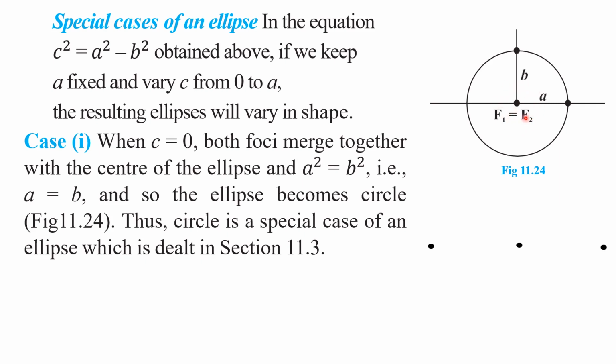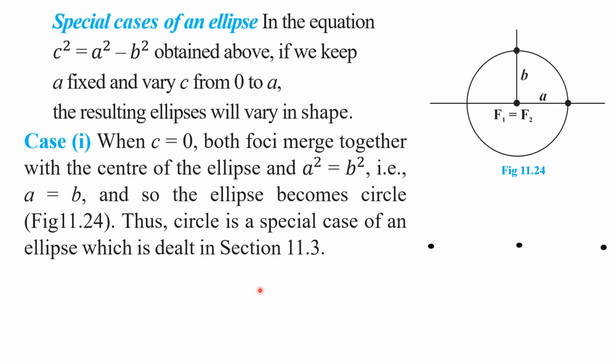This case arises. Then the two values a square and b square become equal. So the ellipse becomes a circle. The ellipse changes into the shape of a circle.